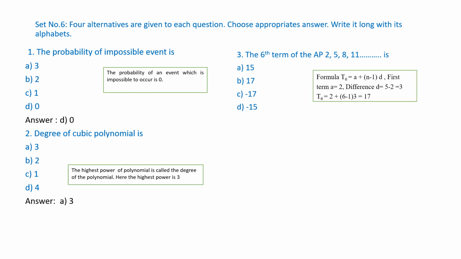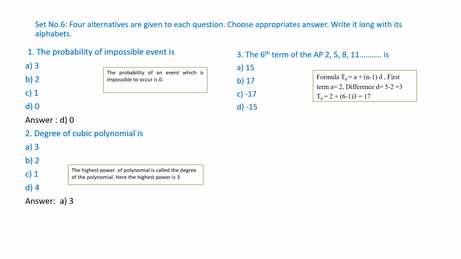We have to use the formula Tn is equal to A plus n minus 1 into D, where A is the first term, and in the given arithmetic progression the value of A is 2.